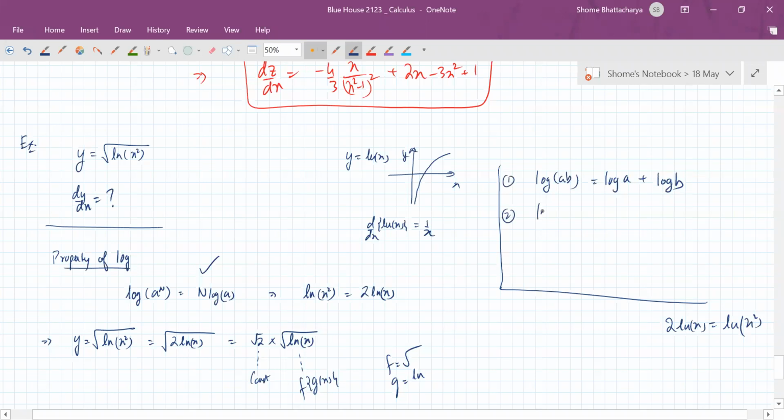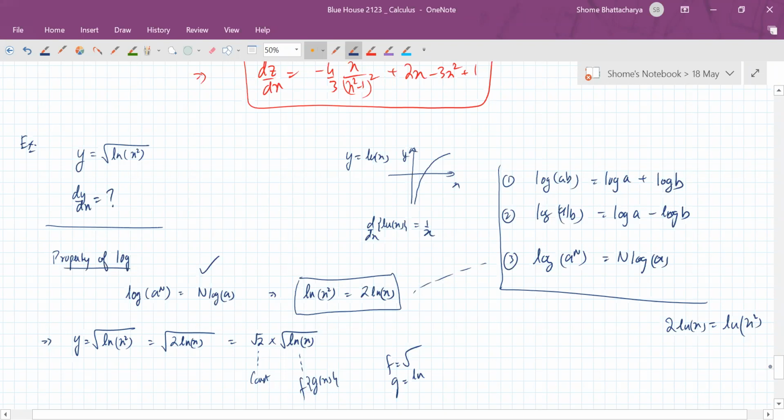Then very similarly, log of a by b can be expressed as log of a minus log of b. And the third property is that log of a to the power n is n times log a. And n can be any real number. So it can be, for example, minus half also. It can be plus half also. It can be 2. It can be minus 2, anything like that. So in this particular case it is this. So this property we've used here.